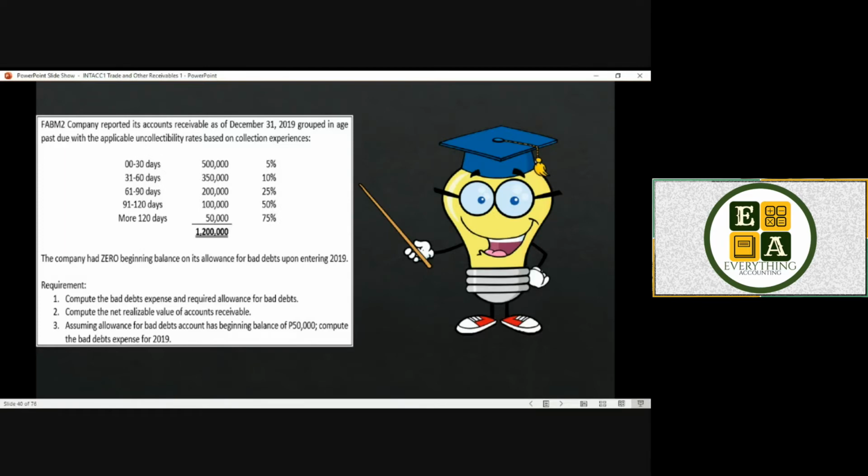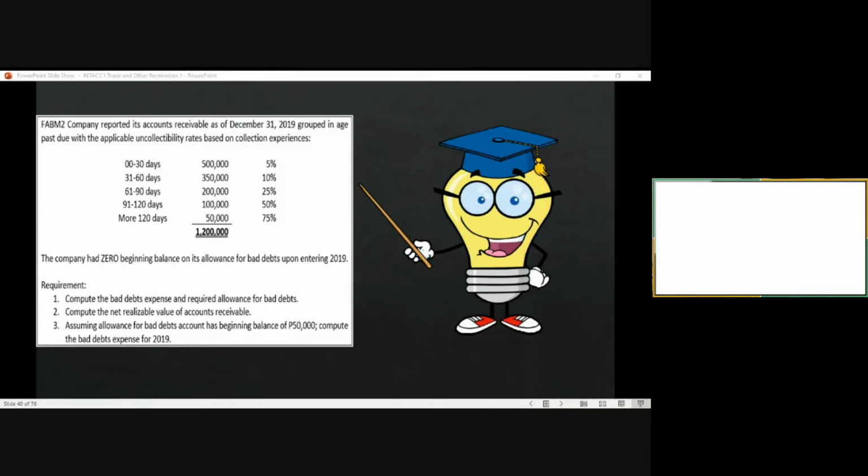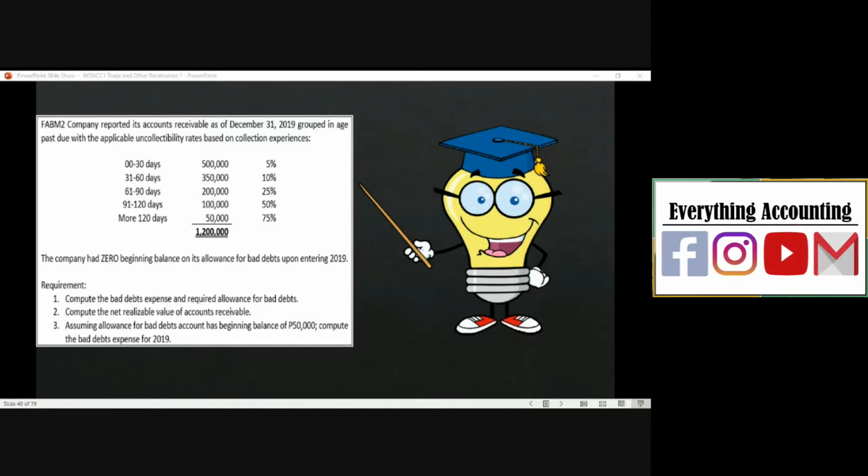Okay. Another guide. Okay? For problem-solving purposes, kindly take note with the rates. Kasi minsan yung binibigay is collectibility rates. Pag yung collectibility rates yung binigay sa inyo, in 100% base, kailangan i-compare yung collectibility rates sa 100% to arrive with the uncollectibility rates.